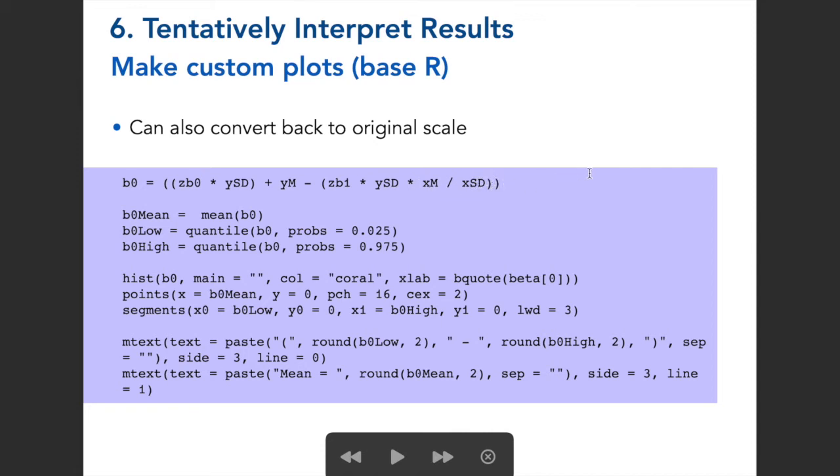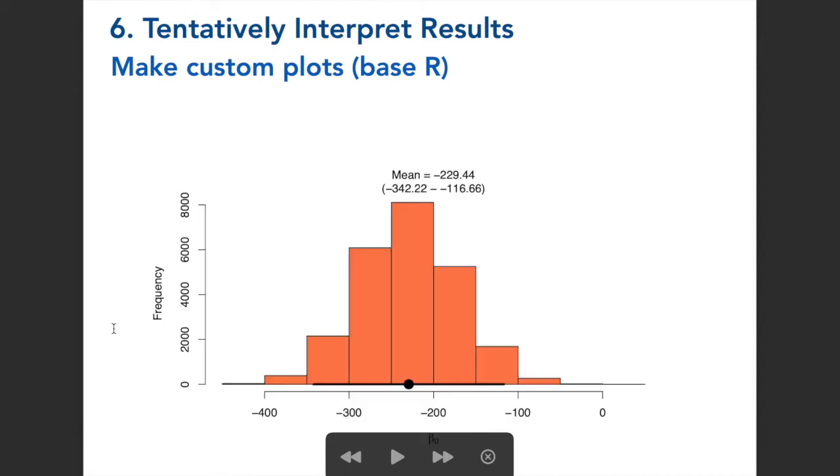Of course, if we had two x values, it'd be zb2, so minus zb2 times ysd times, anyway, we'll get into that. We'll do this later. But this gets a little more complicated, but that's okay because often we're not super interested in it. So we often don't need to convert this back to the original scale, but we'll go through it a few times. And then this is all the same as before, calculating the mean, the low, the high, and plotting it. And so we can see that here. You can see these values are very similar to what we got using the frequentist approach.